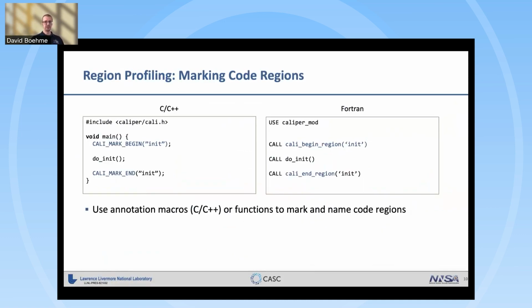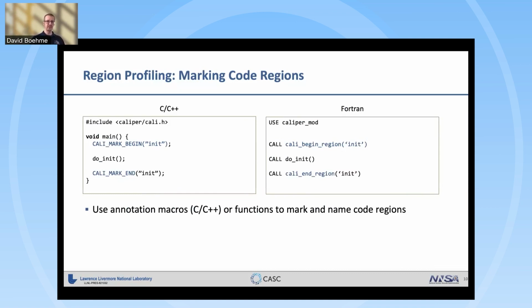Okay, so as I mentioned, the core functionality of Caliper is its instrumentation API, these region markers. In fact, Caliper started out as a performance profiling or instrumentation library. We have functionality where you can mark different regions in the code. In the example here, we're creating a region called init around this do init function call.